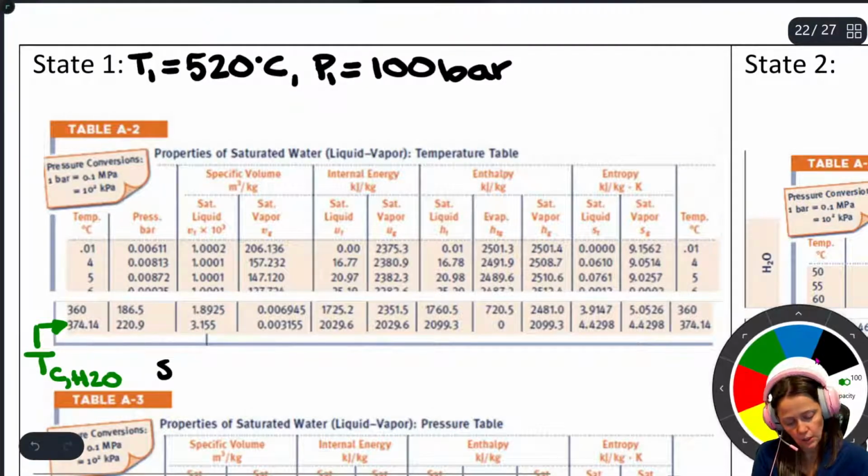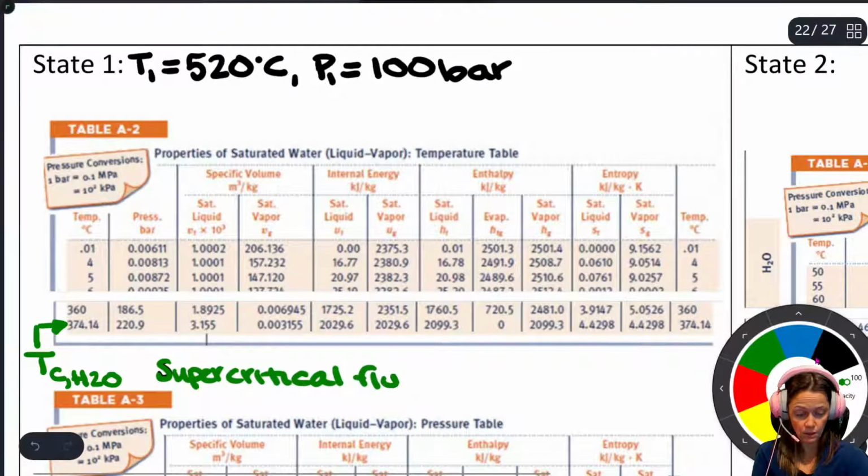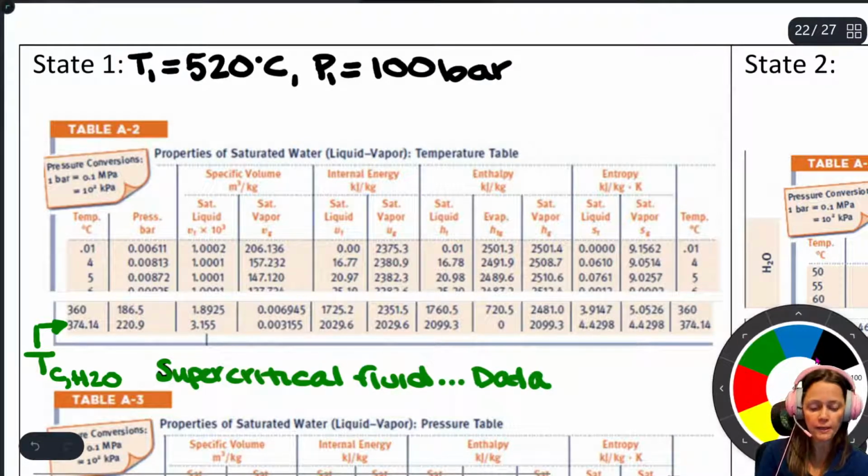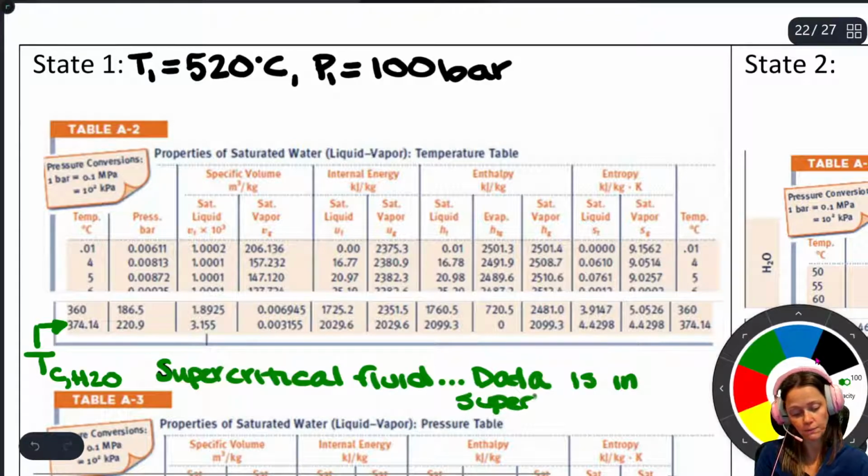So more specifically, it's what's called a supercritical fluid. But for our purposes, the only thing we really care about is the fact that the data is in superheated tables. So that's where we're going.